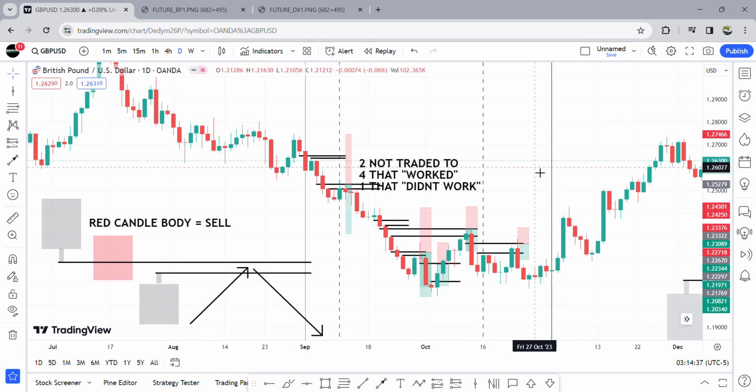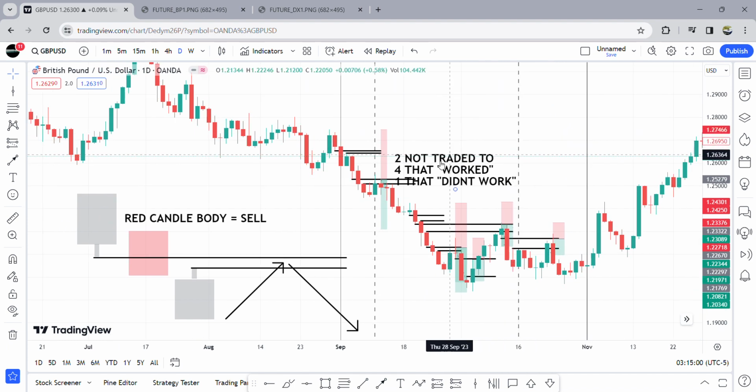Now you can see the targets that I'm setting are not massive numbers. It's just to get you into the concept of understanding that these moves happen, and it's easy to see a 1 to 1, and going into a low time frame you can get higher R multiples in terms of risk to reward.